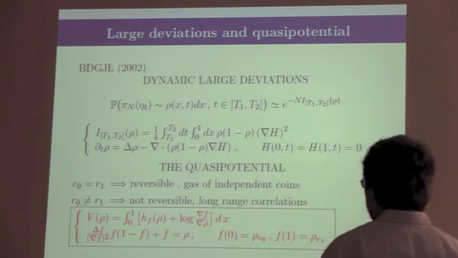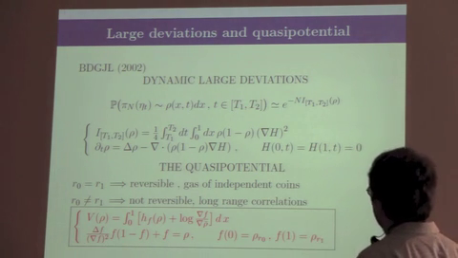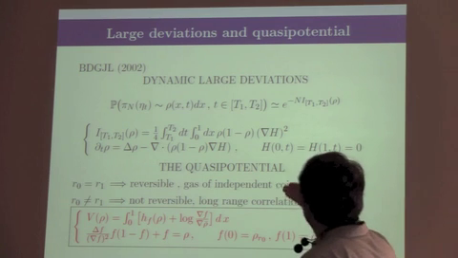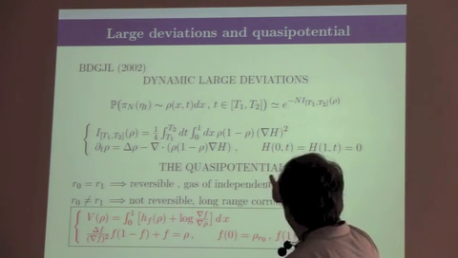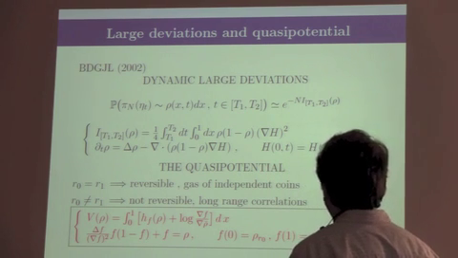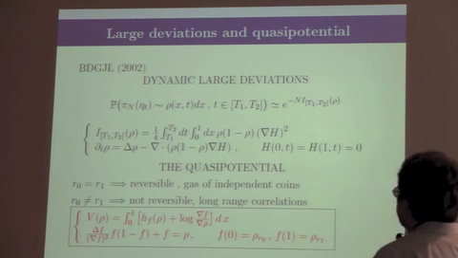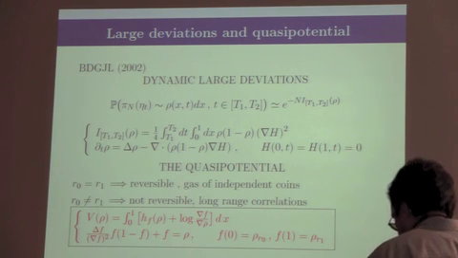If I take a density profile that is different from the typical one, I have to put an H that is different from 0, and the exponential probability of this density profile will be related to a special norm of the gradient of the external field. So this is a dynamic large deviation.